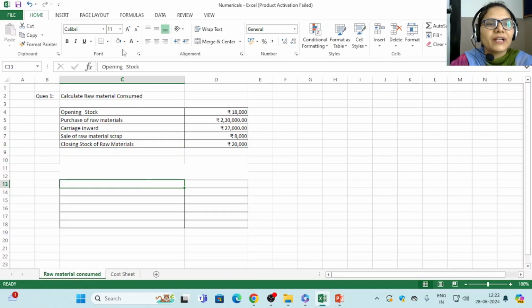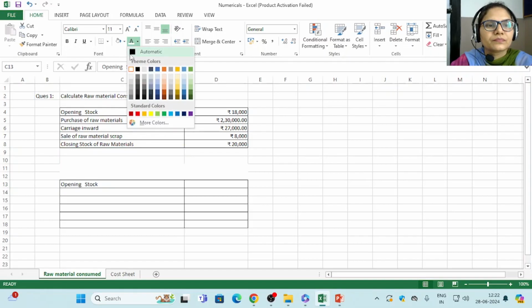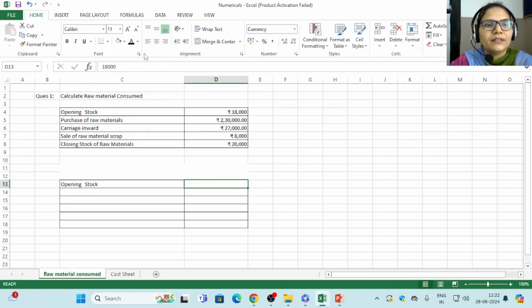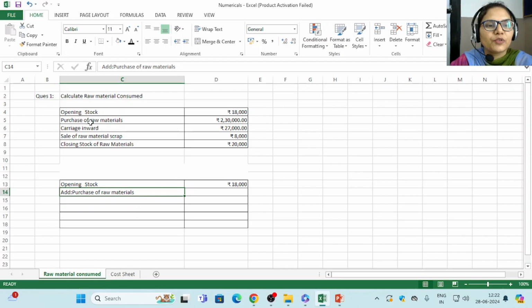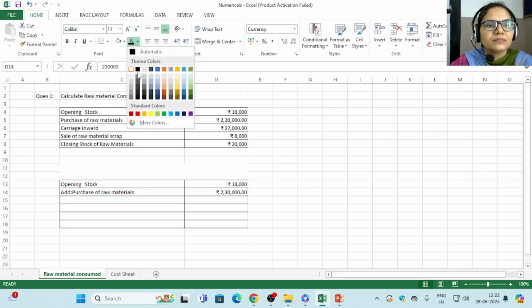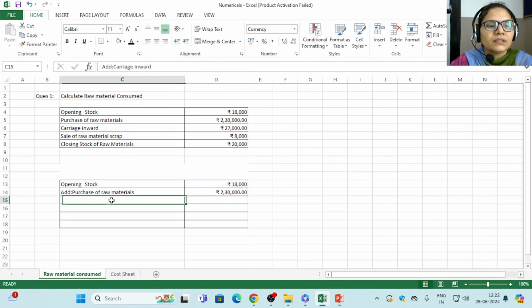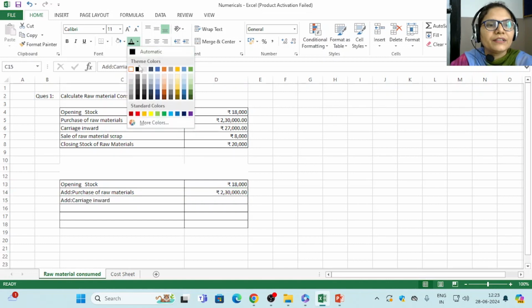First of all, we will write opening stock, that is rupees 18,000. Next, we will add purchase of raw material, which is given as rupees 2,30,000. Then we will add carriage inward.